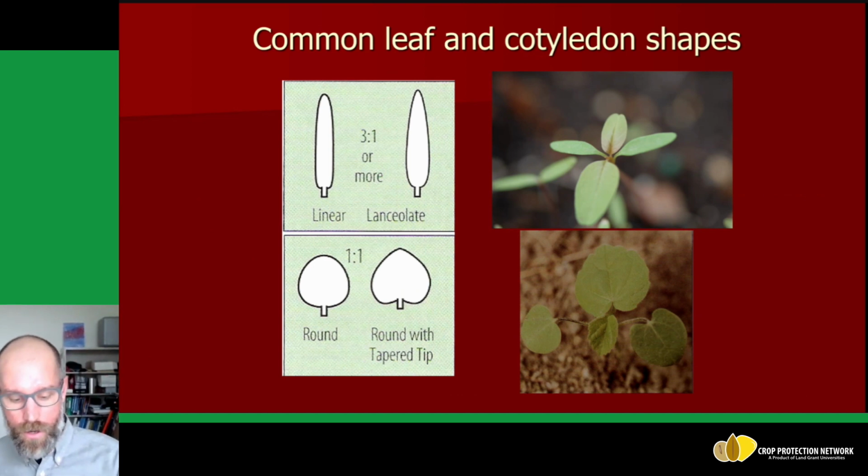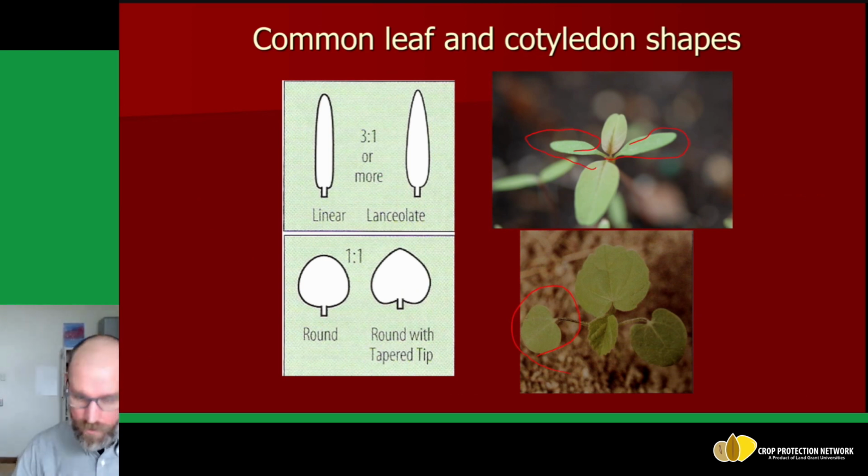And so here I have two different examples of cotyledon shapes. So linear lanceolate, so those are kind of long, narrow cotyledons, and you can see on this water hemp plant here, here's the two cotyledons, kind of that linear shape. Whereas on this velvet leaf plant below, you can see we have more of these round cotyledons. And so that's one way we can differentiate that.